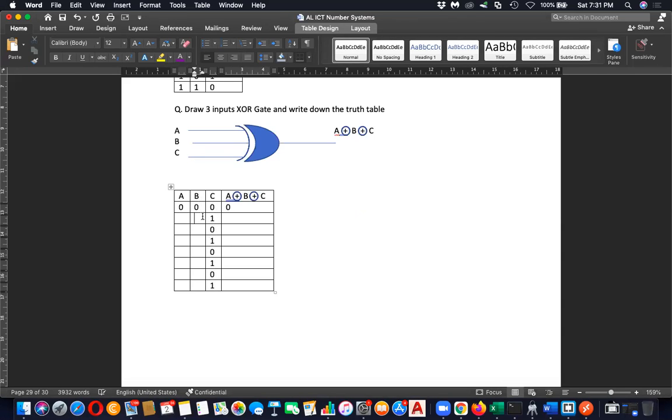Then 0, 0, 1, 1, again 0, 0, 1, 1. Then 4 zeros, 4 ones. It's easy. Then count the number of ones.